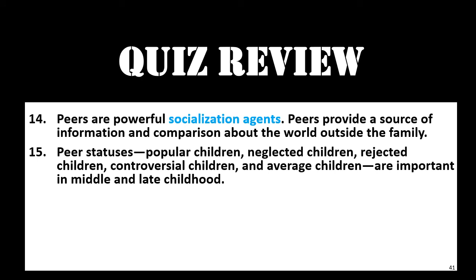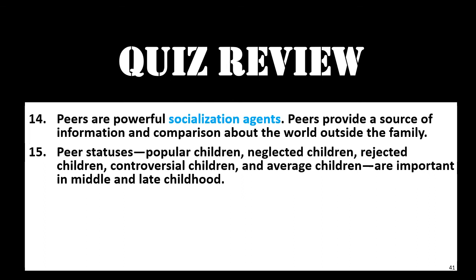Peer statuses, we didn't get really into peer statuses, but well, we did. We just didn't necessarily get into popular children, neglected children, controversial, average. You're not going to need to know that for the test, but it was another idea that the textbook brought up, classifying kids, basically the idea that the importance of social status changes as the kids age.